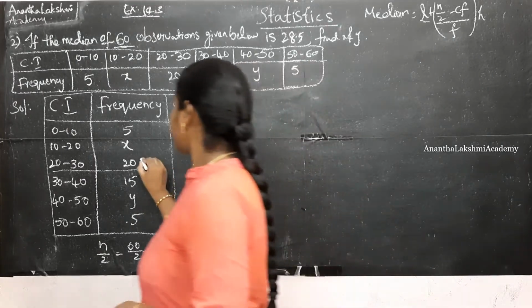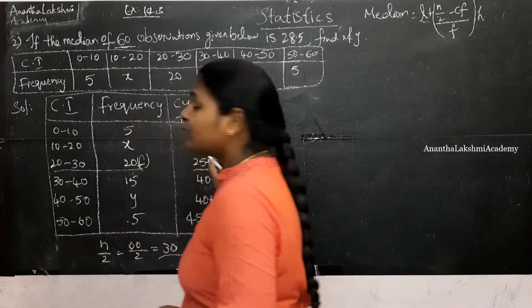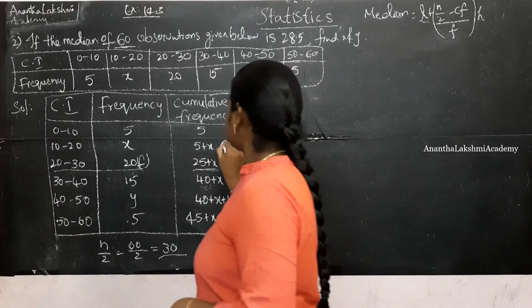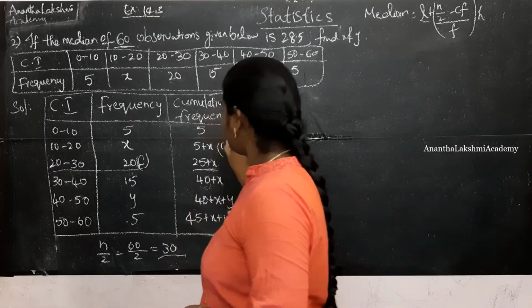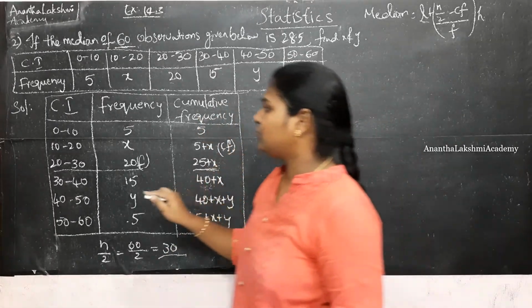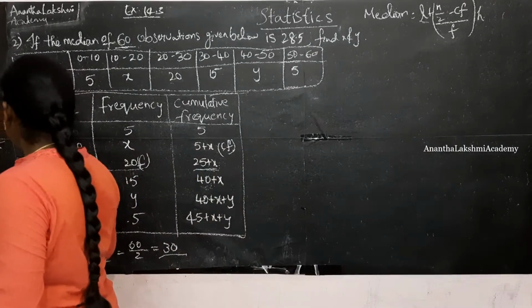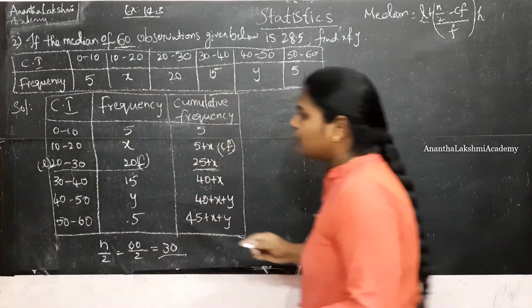So this is going to be F. And what is the cumulative frequency? The frequency which is preceding, right? This is going to be the CF value and this is going to be the L value. Okay, what is given?